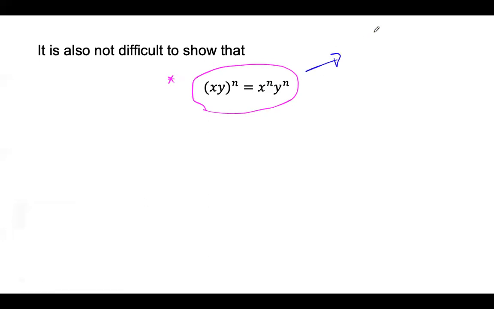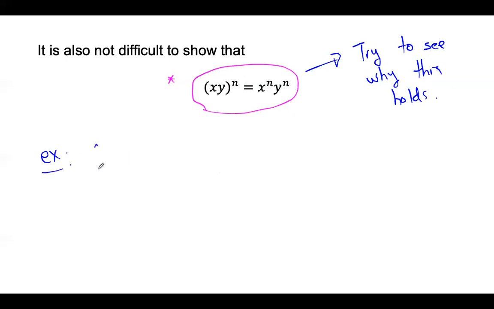So just try to see why this holds. I'll leave this one for you to do, but we'll see an example. So basically, it's the product of x and y to the exponent n, which is equal to x to the power n times y to the power n.